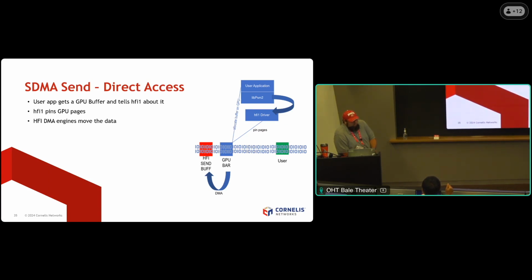So the user tells us that. In the current API, there's a field for the user to tell us if it's a GPU and what GPU it is, whether it's NVIDIA or AMD. So that determination of figuring out what it is is pushed up into the libfabric to figure out.